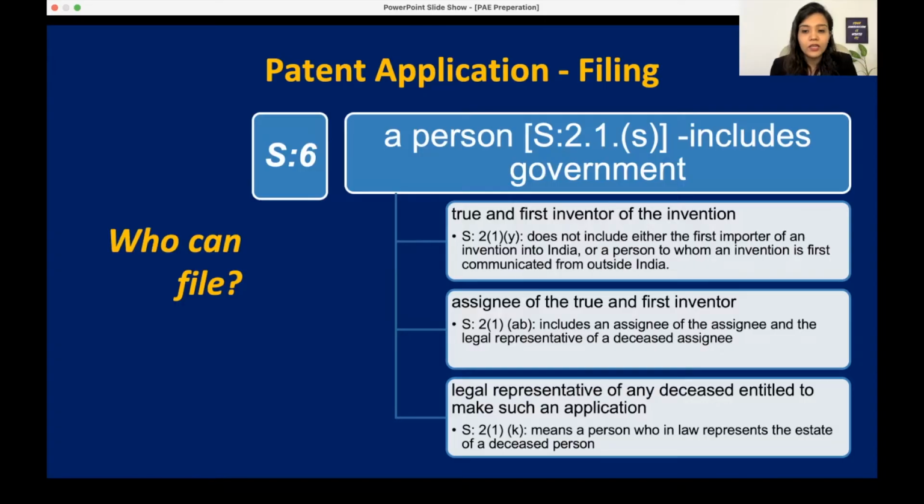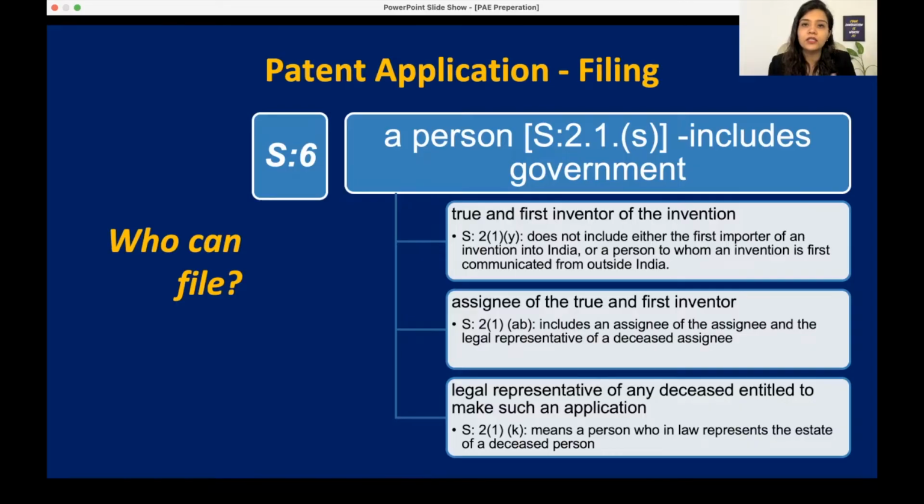So next we have legal representative of any deceased entitled to make such application. This means legally to whoever the estate is transferred, that person is entitled to get a patent. For example, we have a person X and he has a son Y. If X dies, then Y can apply for a patent. Why?